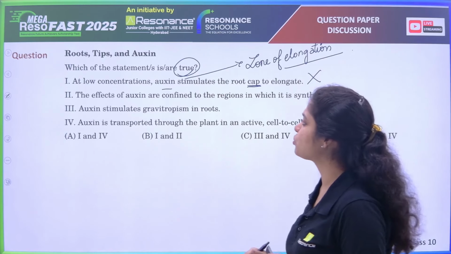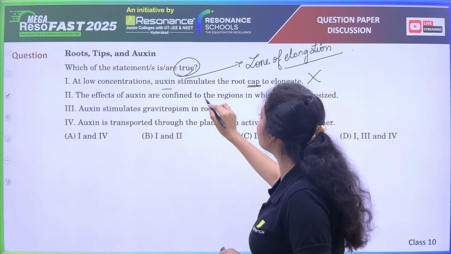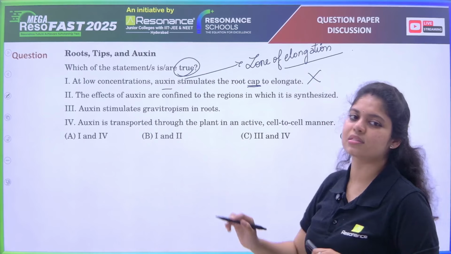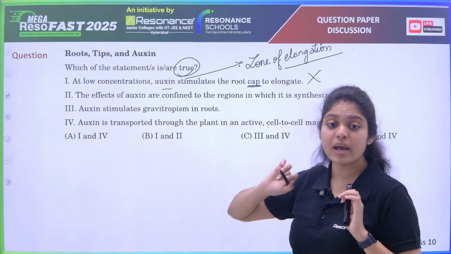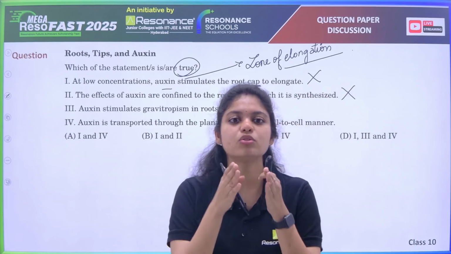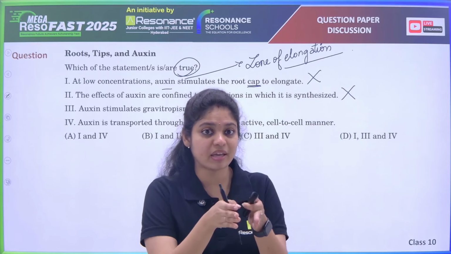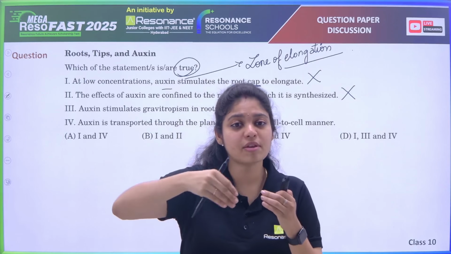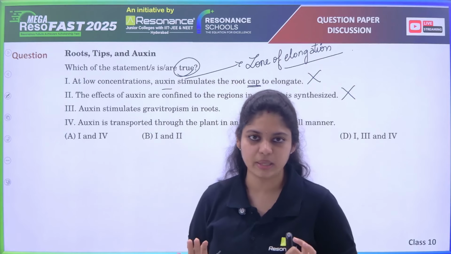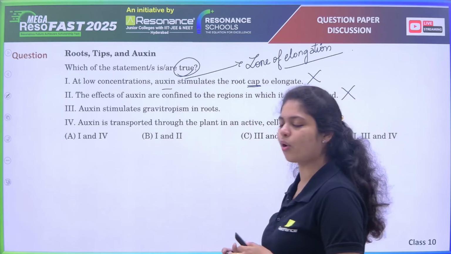Coming to statement 2, the effects of auxin are confined to the regions in which it is synthesized. This is absolutely a wrong statement. Why? Because the effect of auxin is not confined to the particular area where it is synthesized, but it could show its effect in other parts as well. So this is also a wrong statement.